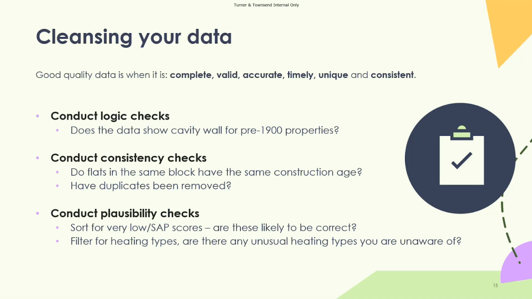So for example, if we were to check cavity wall properties, if we look at that particular component on a spreadsheet and we look at the ages as well, we know that cavity wall properties weren't really common until about the 1920s, 1930s. So if you're filtering for properties that were built pre-1900s, and it states next to it that these are cavity wall, that flags you might want to go check that again.